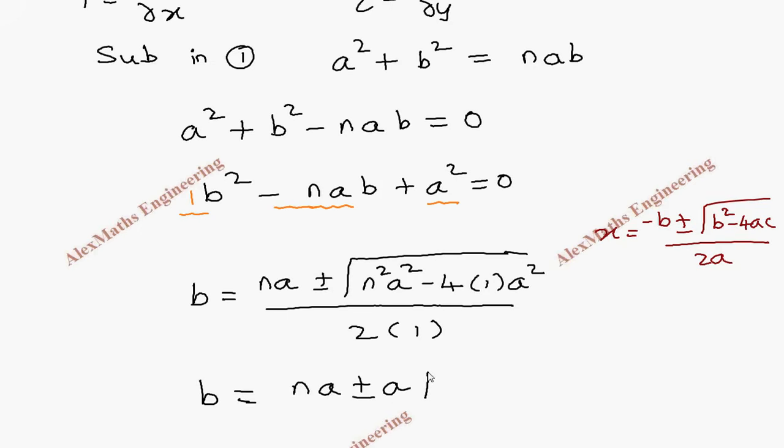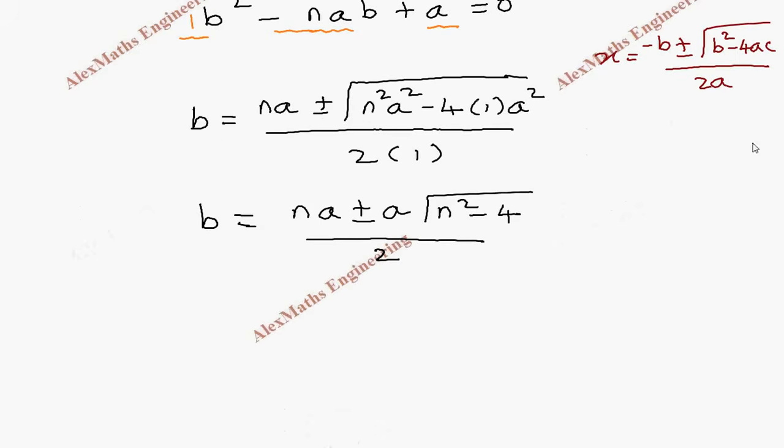So from this, b is na plus or minus, and we can take a square common, that comes outside as a, then we are left with root of n square minus 4, whole divided by 2. From this entire term we can take a common, so we are left with a by 2 and in the numerator it is n plus or minus root of n square minus 4.